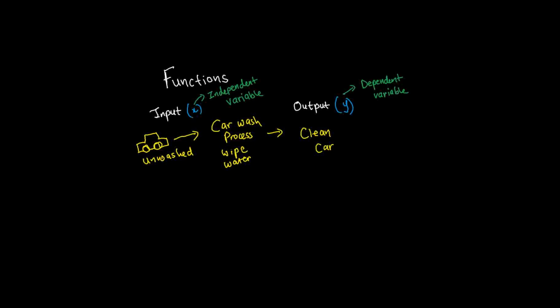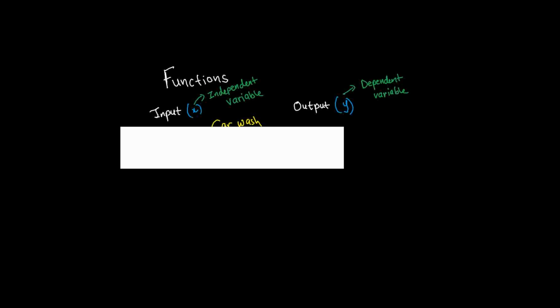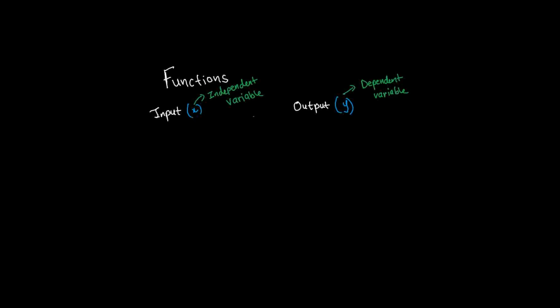For a function, you have to have one x value for one y value, or when we look at a parabola and other types of functions, you'll see that you can have one x value and two possible y values as well. But for now, the function that we dealt with in grade 8 and 9 and thus far was the linear function. We looked at that in analytical geometry as well.